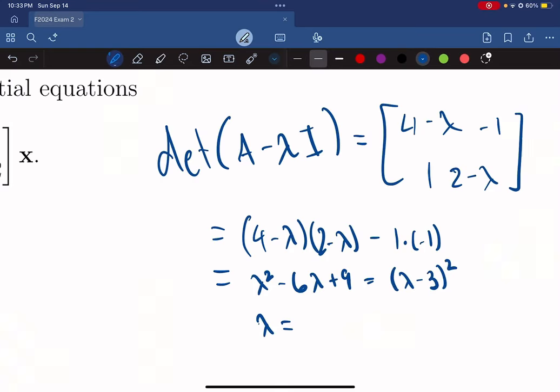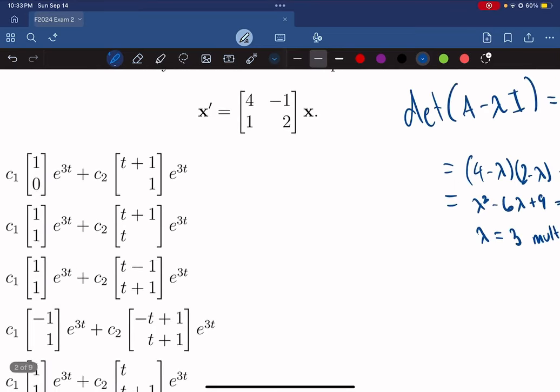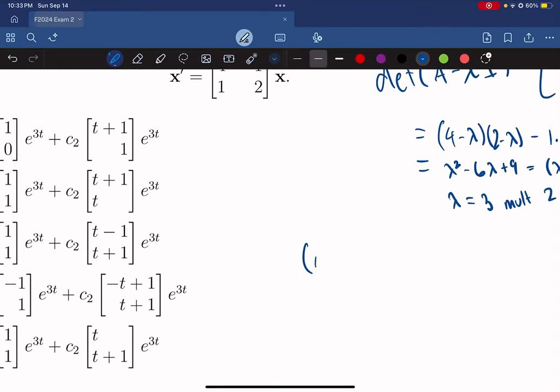And now you have lambda equals 3 with a multiplicity of 2. So now we can solve for our eigenvector like this. So we're going to use A minus 3I, our lambda is 3, times v, or say v1, equals 0.